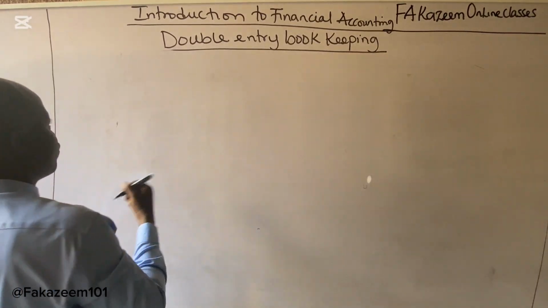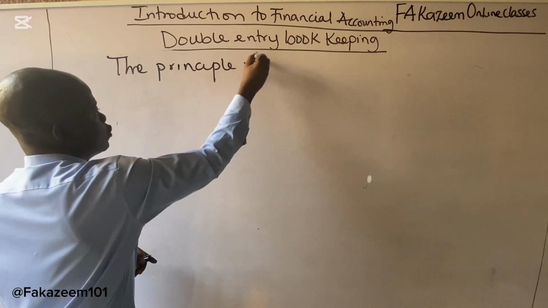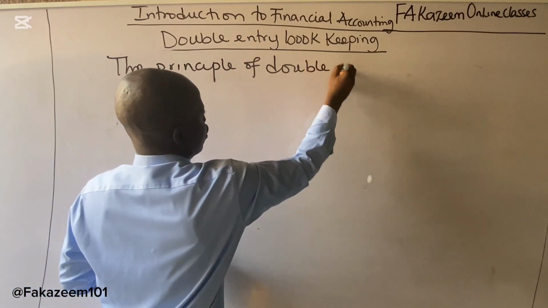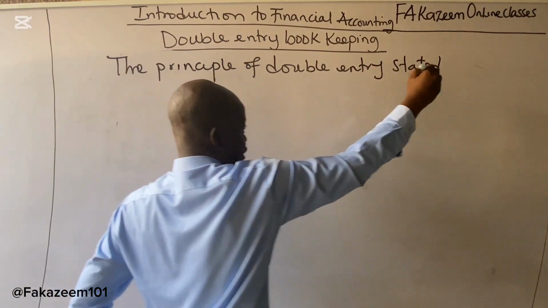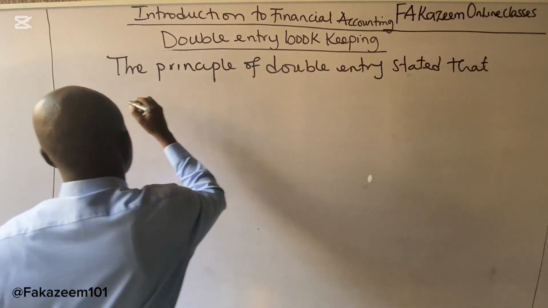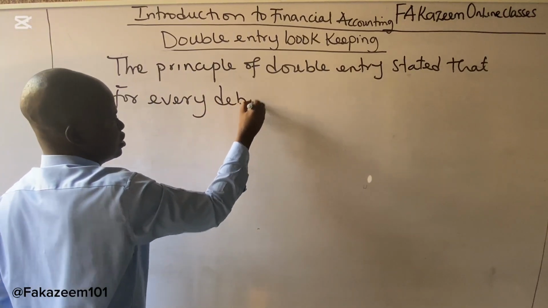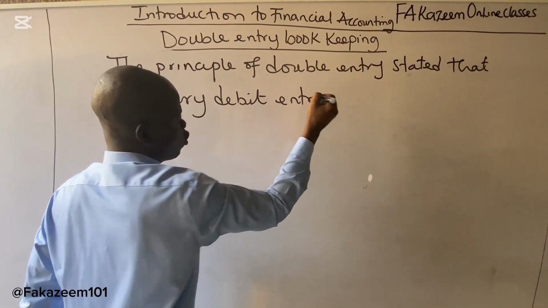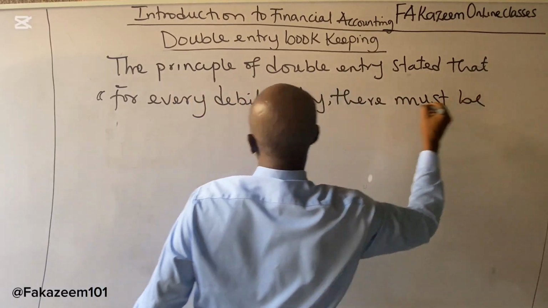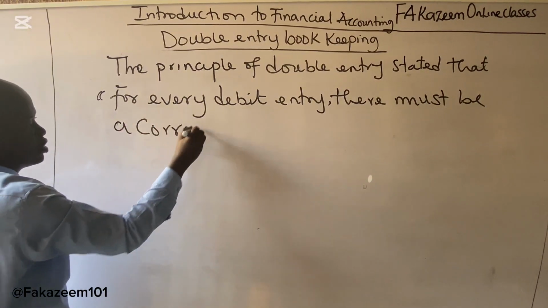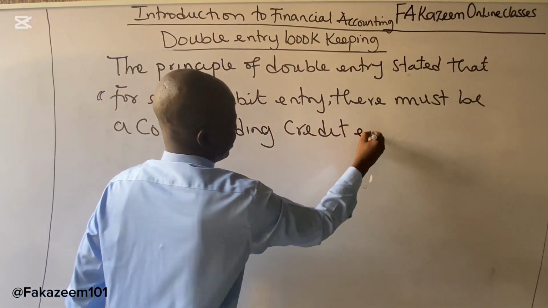The principle of double entry states that, in quotes, for every debit entry, there must be a corresponding credit entry.